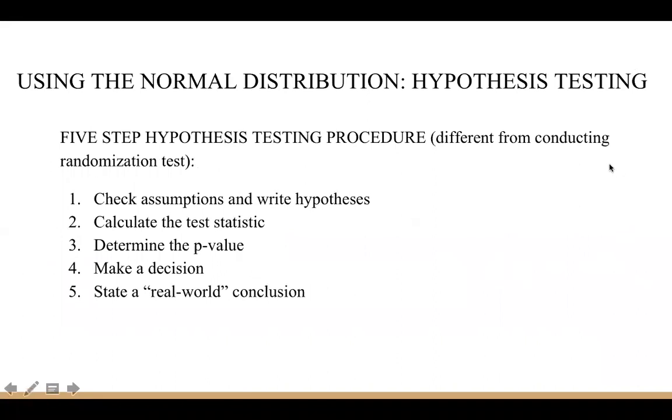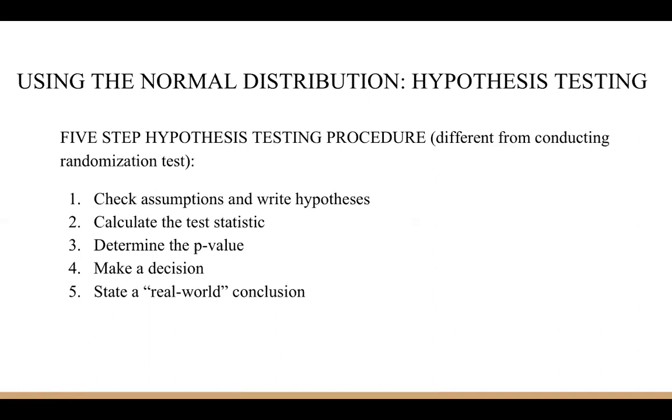Using the normal distribution, we can conduct hypothesis tests and construct confidence intervals. To conduct a hypothesis test, we use 5 different steps, and these steps will be reiterated throughout this presentation because they're very similar for hypothesis testing and for confidence intervals. First, you check your assumptions, which is typically making sure that the variables work for the type of test you're using, or checking that the sample size is sufficiently large.